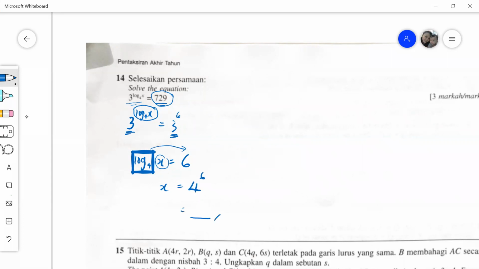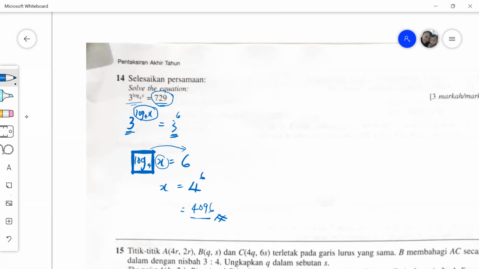Just use the calculator: 4096. Easy. Actually, index and logarithm are very easy.